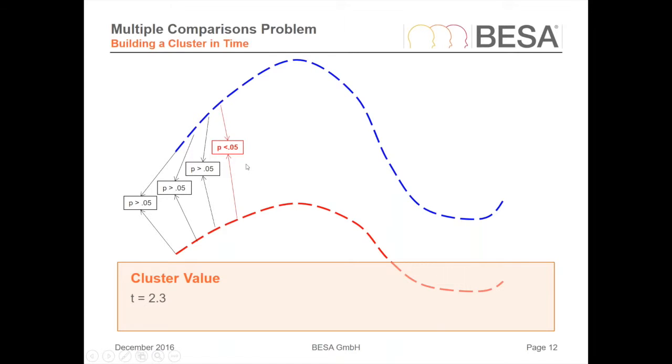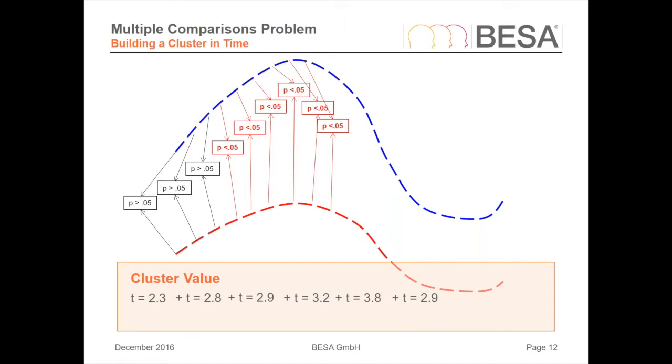And this is when we start building a cluster. We now add the t-values together that we measure for these tests as long as we stay above this threshold. When we leave the threshold, again, we stop building the cluster. And in this case, the final cluster value is 20.1 for this example here.